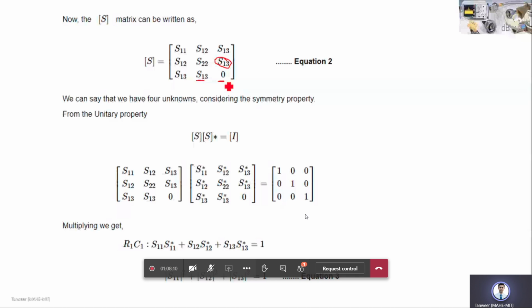Now again the same procedure you have to follow. Multiply by its conjugate to get the unitary matrix. So the same thing we have done. Again we got the same equation. S11 times its conjugate, S12 times its conjugate, S13 times its conjugate is equal to 1. So what you will get? Mod S11 square plus mod S12 square plus mod S13 square.